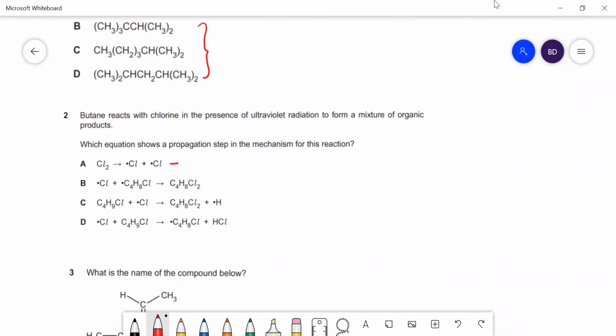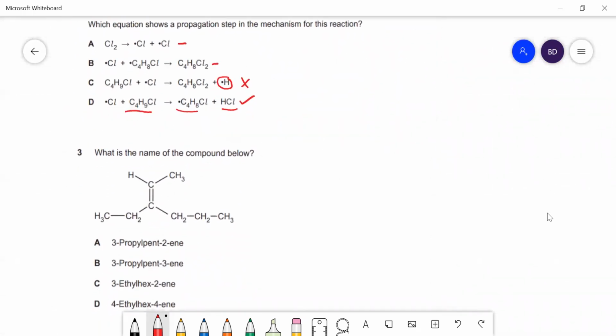This one, 2 free radicals coming together, B, that's termination. D is a free radical propagation step, but you don't usually get that radical form, so it's not that one, but it is this one, the chlorine free radical reacting with this non-radical to form a different free radical, and HCl. D is the correct answer.